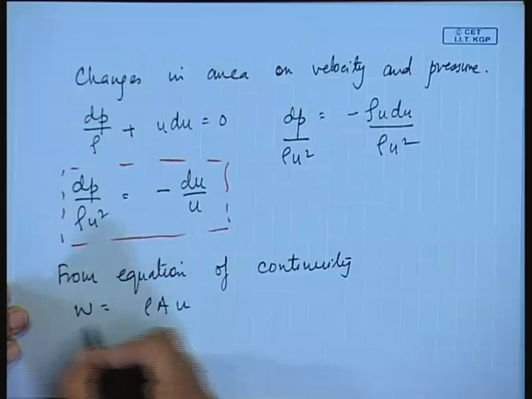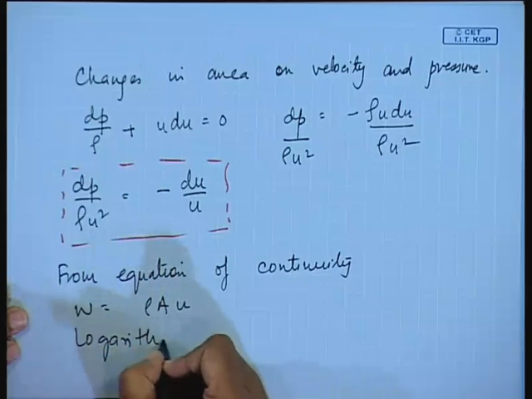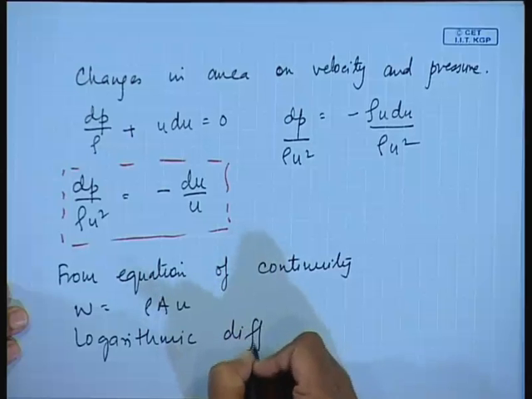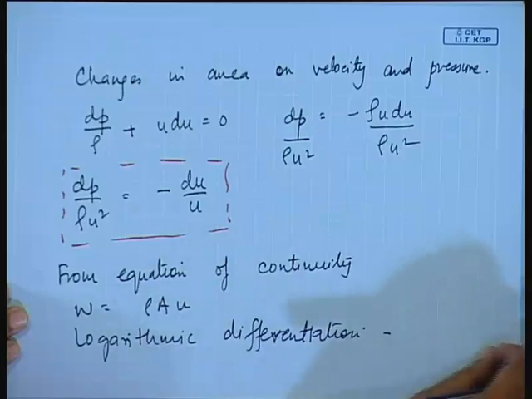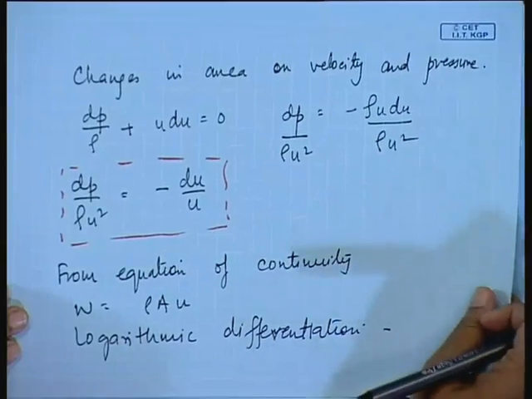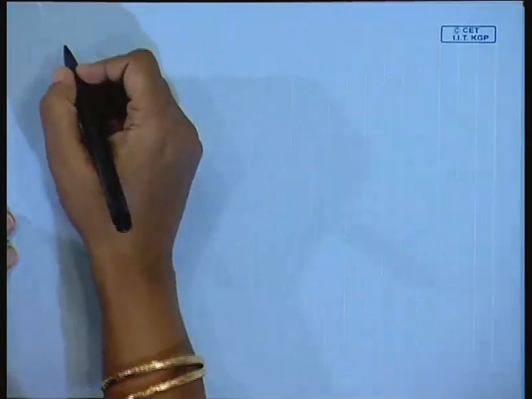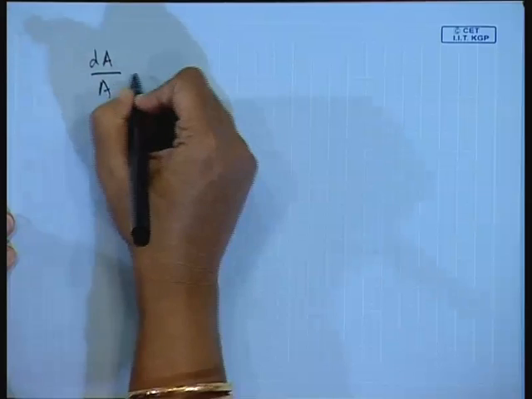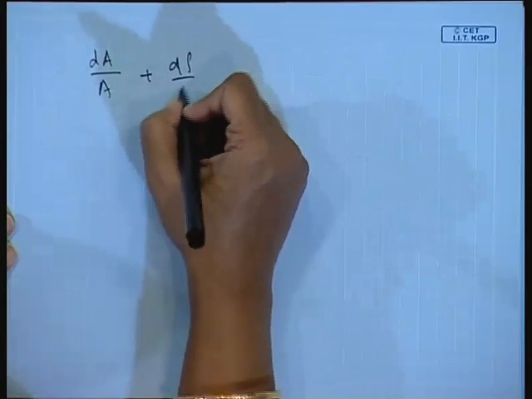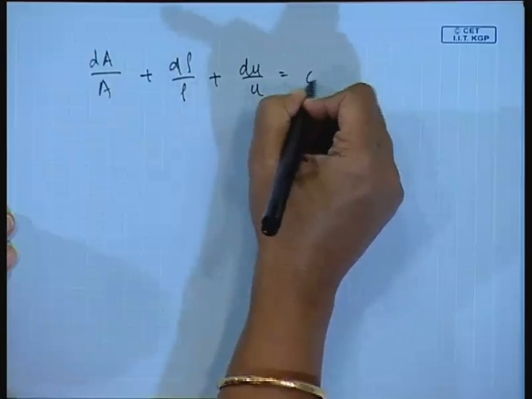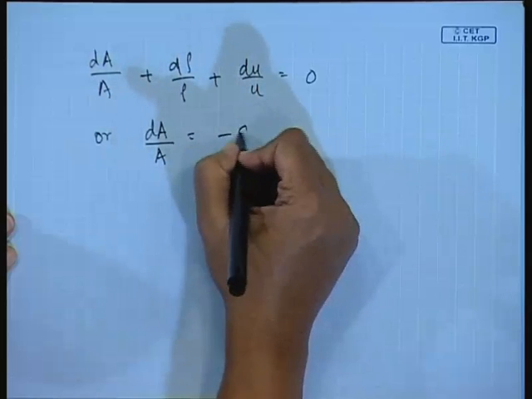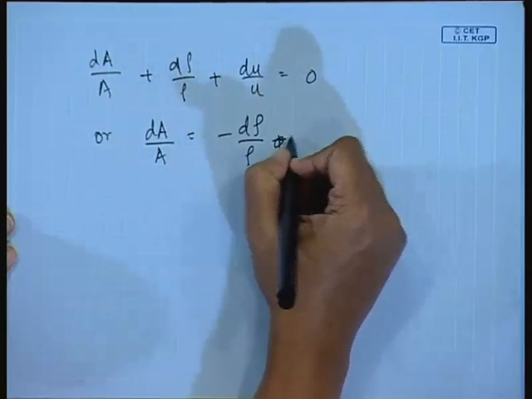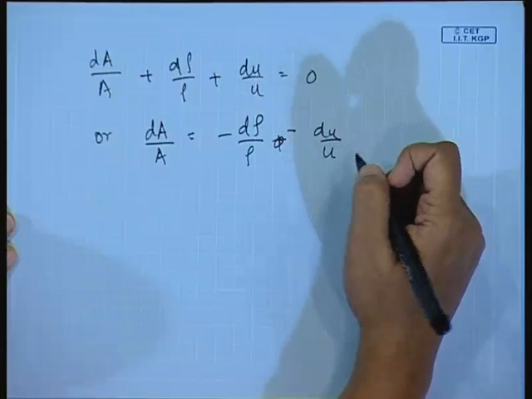Now, if we take the logarithmic differentiation, like taking log and then differentiating, which we had already done in the last class I believe, it gives us dA by A plus d rho by rho plus du by u equals 0, or in other words, dA by A is nothing but minus d rho by rho minus du by u.